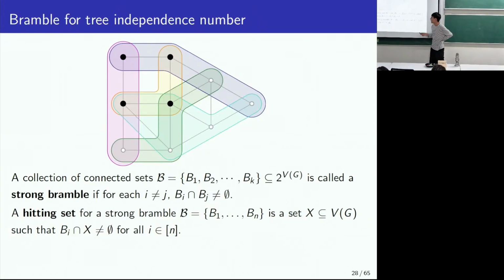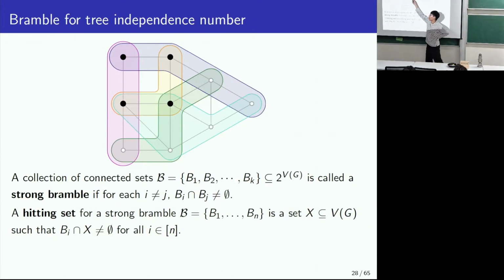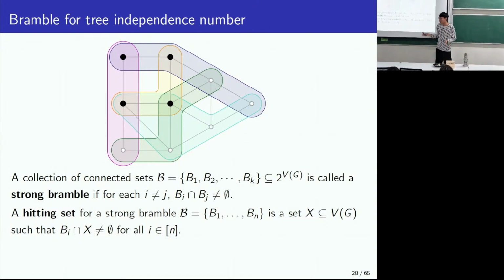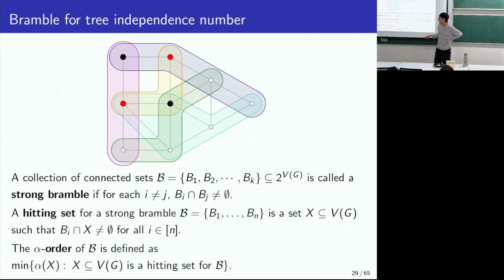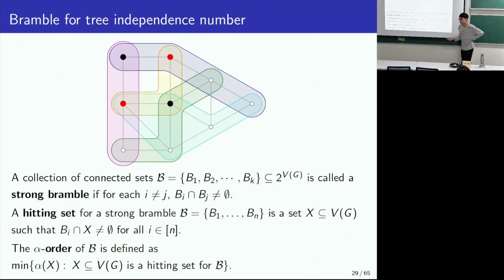Okay, for bramble tree width duality, we look at the size of this hitting set. And because we are looking at the tree independence number, we will again use the independence number instead of size. So the alpha order of this bramble is defined as the minimum independence number among all its hitting sets.